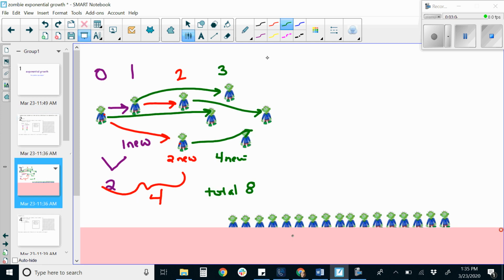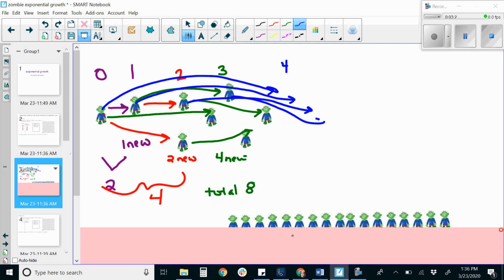Let's look at one more night. Now each of these is going to infect another one. So night 4. Blue line from him, blue line from him, blue line from him, blue line from him.